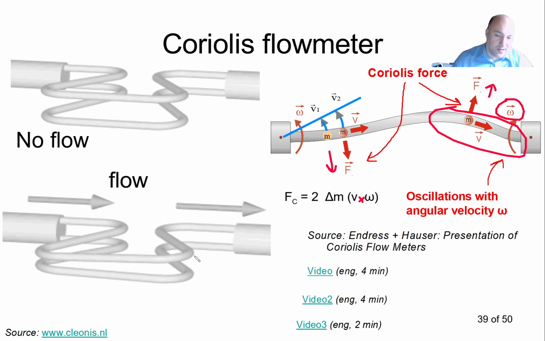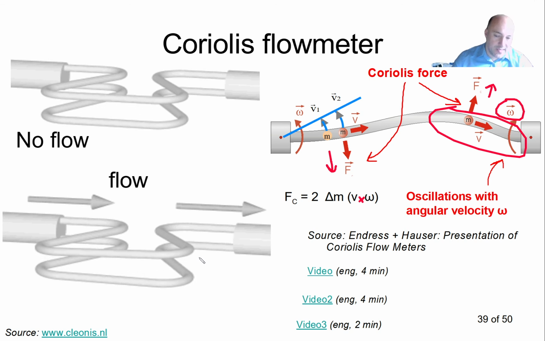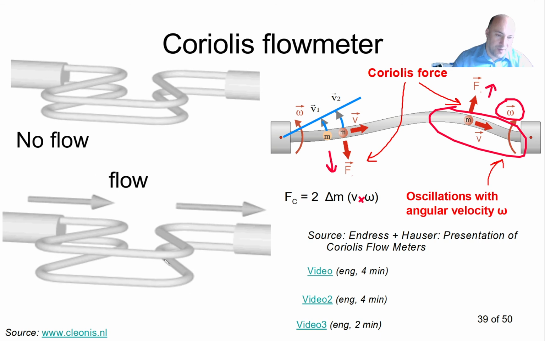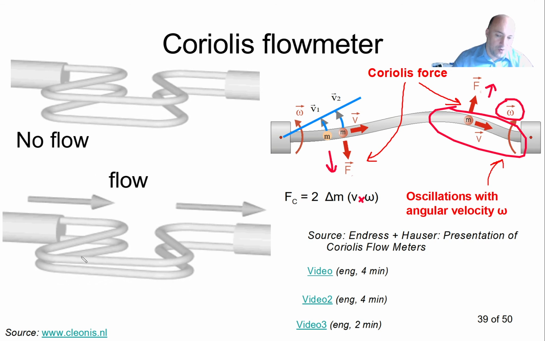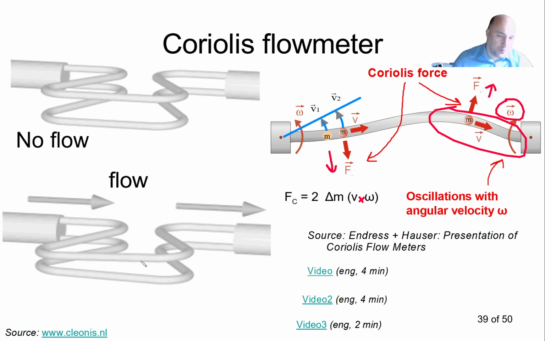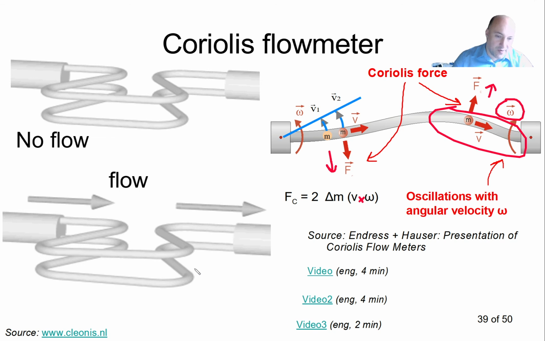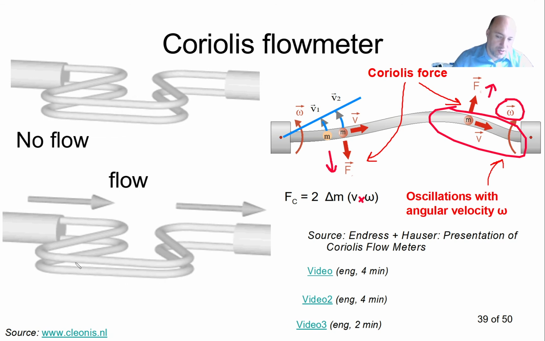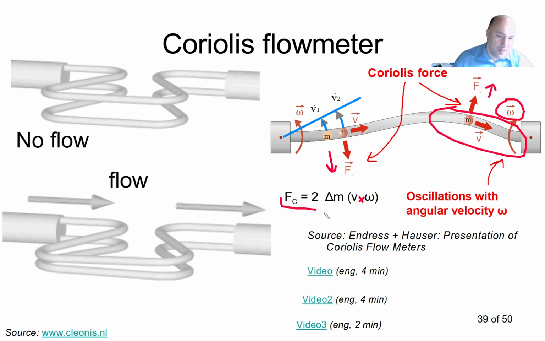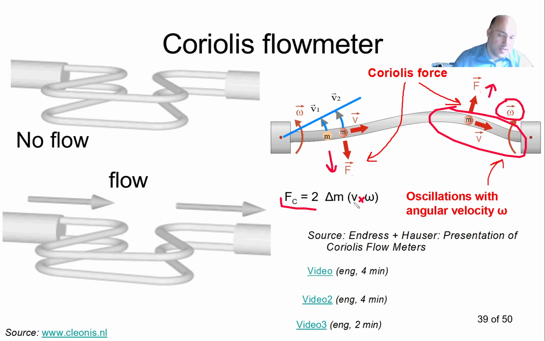So what is happening in a Coriolis flow meter is that we measure the oscillation of this pipe and of both ends, and we are looking at those position info. And there is a direct relation between the position and the Coriolis force that we have here, and from the Coriolis force we can calculate what my flow rate was.